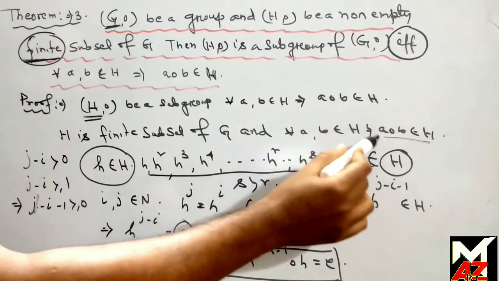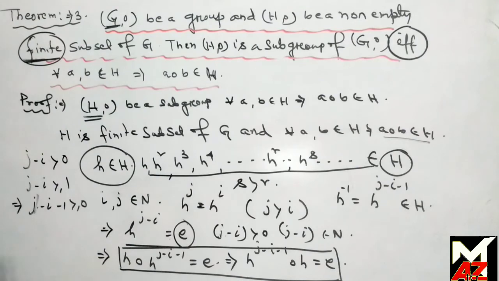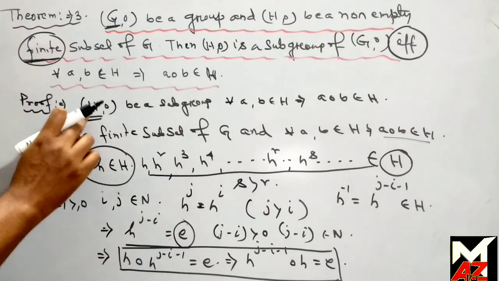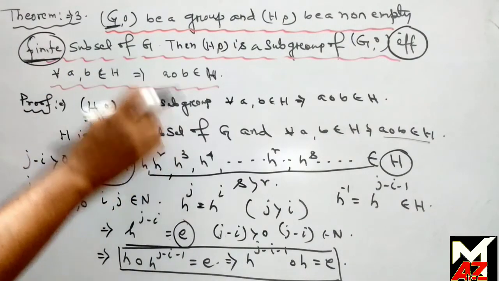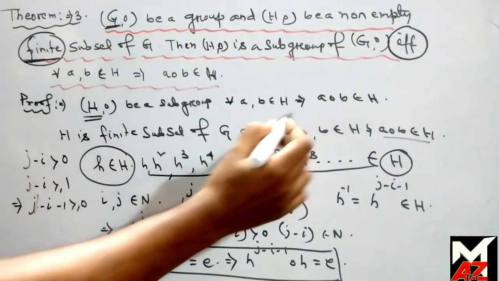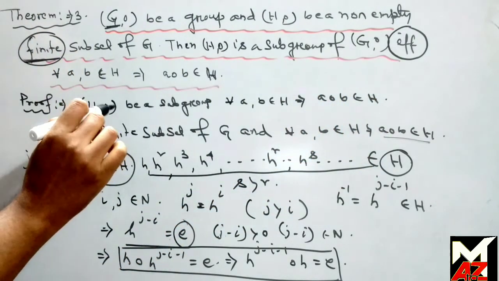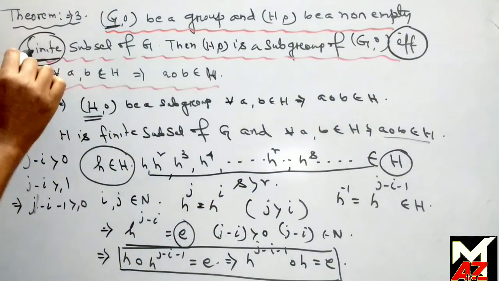So here closure, here identity, and here inverse, and also associative. All the four properties of a group are satisfied. That is, we see that H circle is a subgroup of G circle if for all A, B belongs to H, A composition B belongs to H, and here H must be finite.